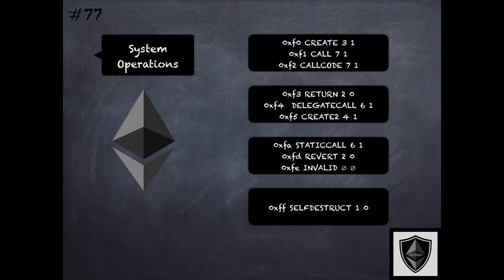This account is registered for later deletion, and this has really big security implications because the contract account that is executing will not exist after the transaction finishes. This is something we will touch upon when we talk about some of the findings and security pitfalls later on in the modules.